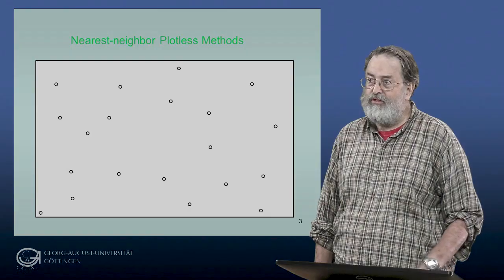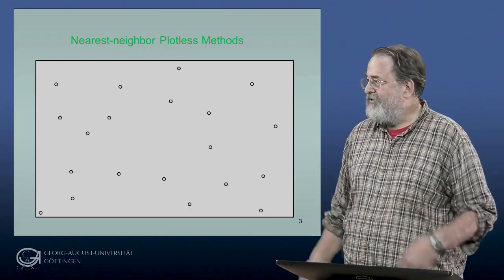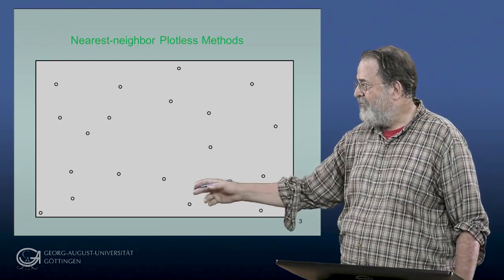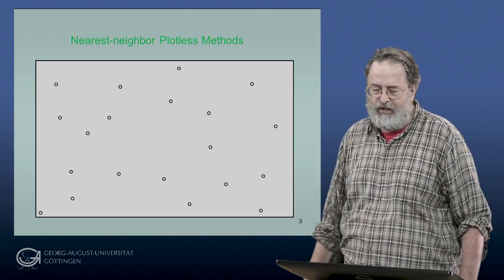The techniques that were used initially were developed by foresters where they employed what are commonly known as nearest neighbor plotless methods. So these methods have taken a number of approaches where we find a system where we have points distributed throughout. If you're a forester, these are going to be trees.